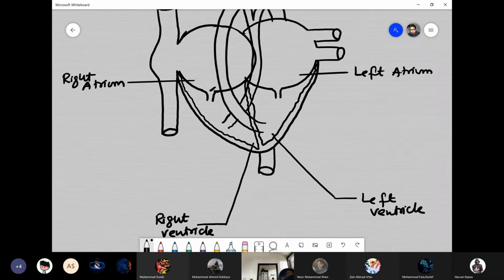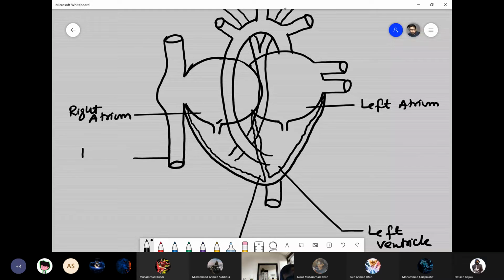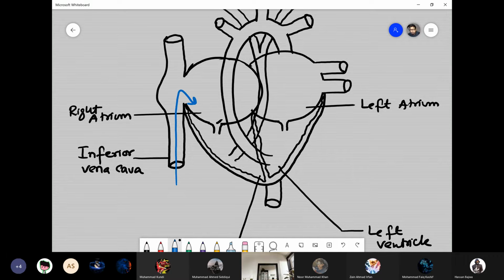Then, boys, if you guys remember, I told you that this blood vessel over here is called the inferior vena cava. Now, the vena cava is the largest vein of our body. Why is it called inferior vena cava? Because it is bringing the blood from the lower parts of the body.